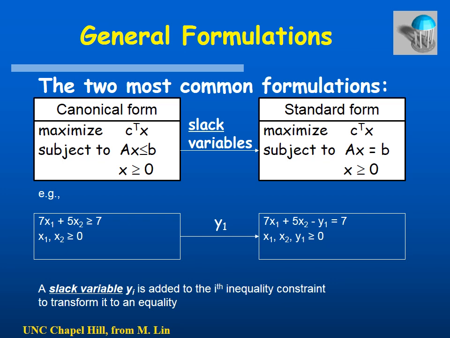We'll think of that as a new x tuple that is n plus m dimensional. The maximization of c transpose x is the same, except that c transpose has to have n plus m items, and since the slack variables are not involved in this objective function, we'll simply have 0 weights for the last m entries of c. And now with the slack variables included, we have Ax equals b constraints, and still positivity on all the x's.